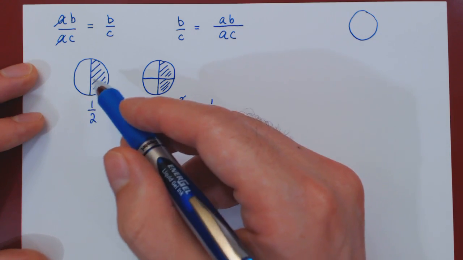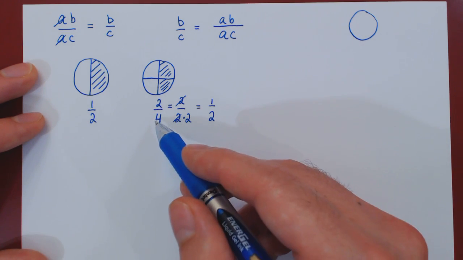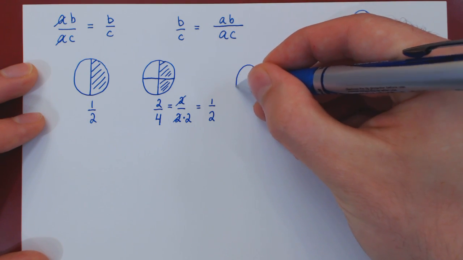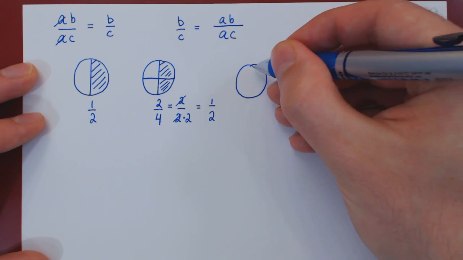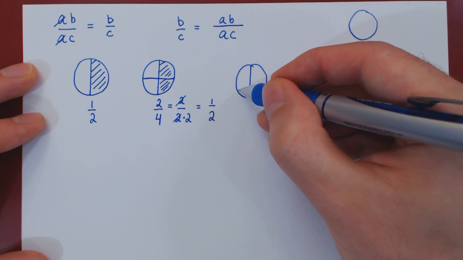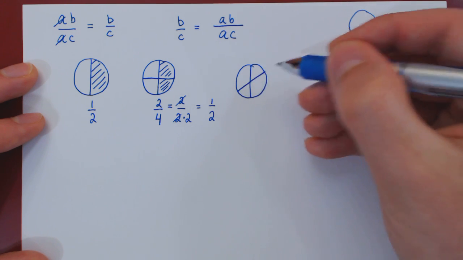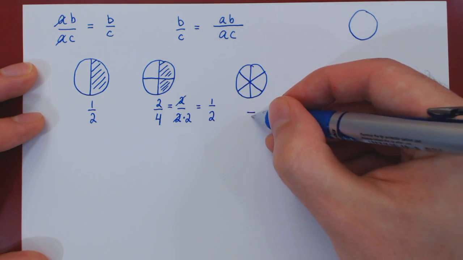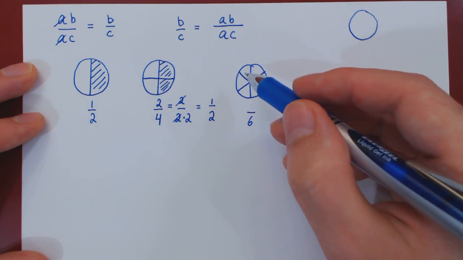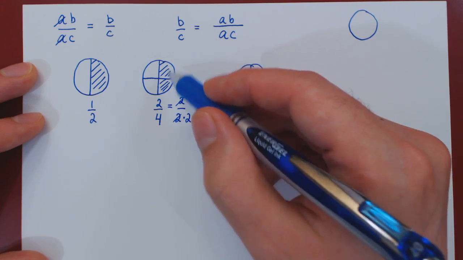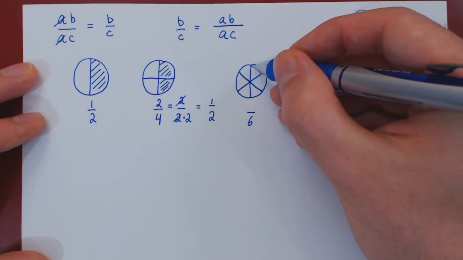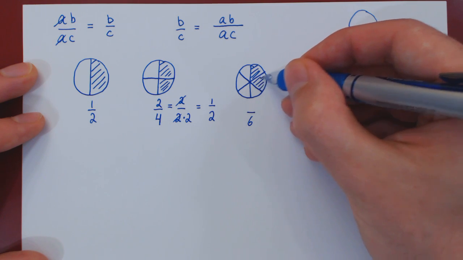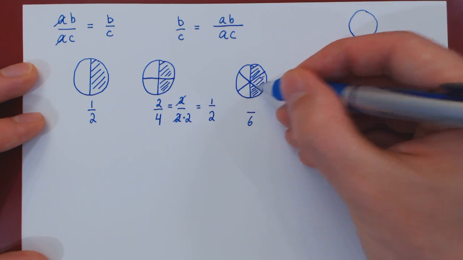What if we divide now the circle not into 4 parts, but into, say, 6 parts? Then it's pretty clear that if we want 1/2 as before, we have to take not 1, not 2, but 3 of the 6 parts.